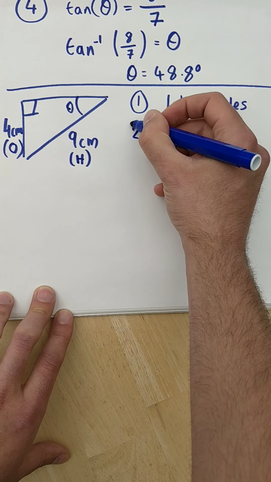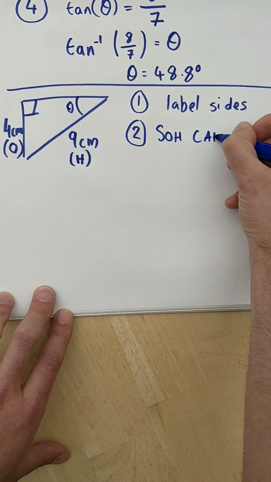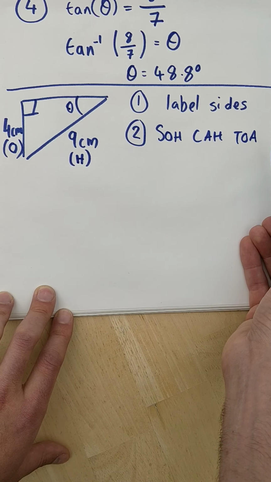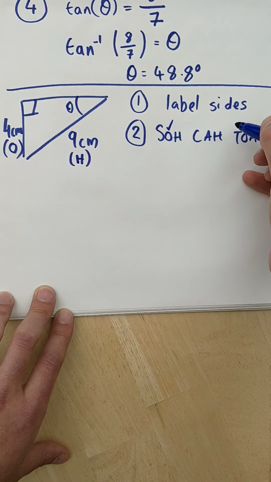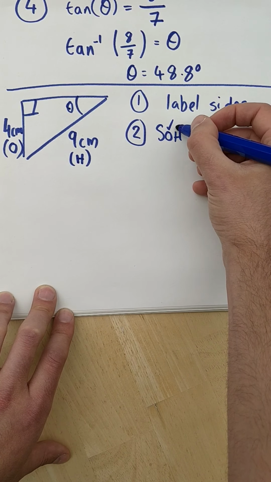So second step, we write out SOHCAHTOA again. So I've got an opposite, so I take the O, O, and O. And the other side I've got is my hypotenuse, so I'll take the H's.